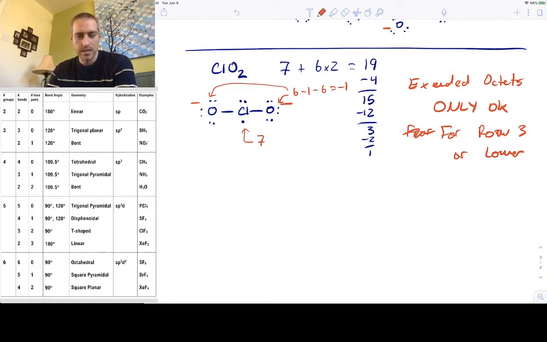Chlorine in the periodic table has 7. Subtract 2 for the 2 bonds, subtract 3 for the 3 unshared electrons, and that equals +2.